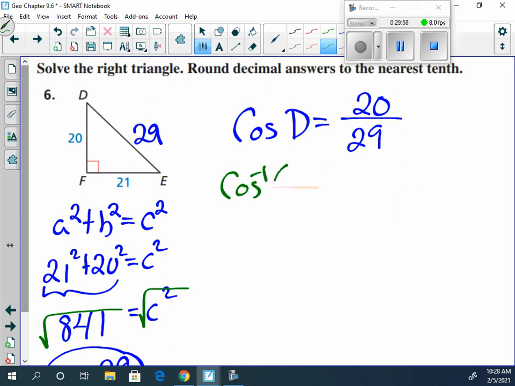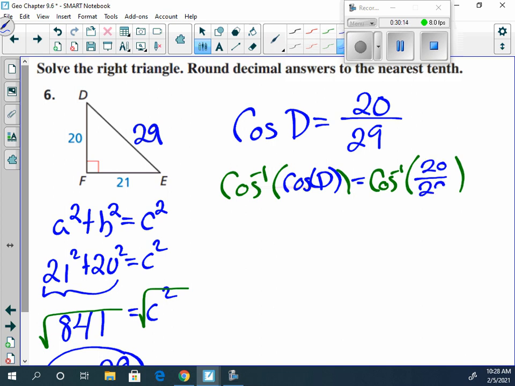Yes. So we'd have cosine inverse of cosine of angle D. Well, what we do to one side, we have to do to the other. Cosine inverse of 20 over 29.